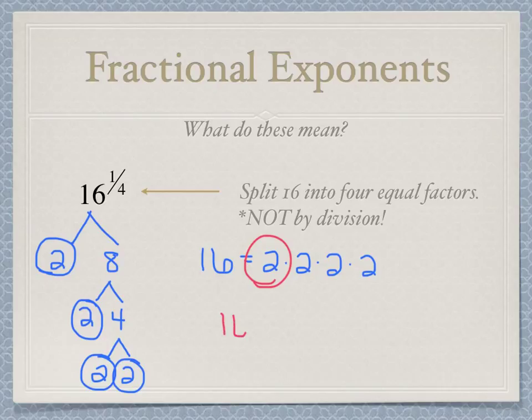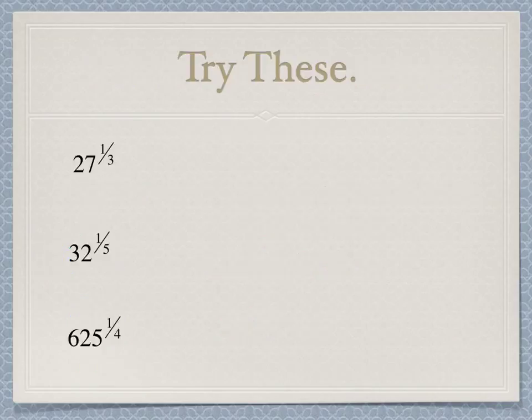So 16 to the power of 1/4 is equal to 2. Because if I had 4 2's multiplied together, that would make 16. Okay, I think I've said that same thing like 1,000 different times, but hopefully that's making sense to you, one of the thousands of ways I said it.